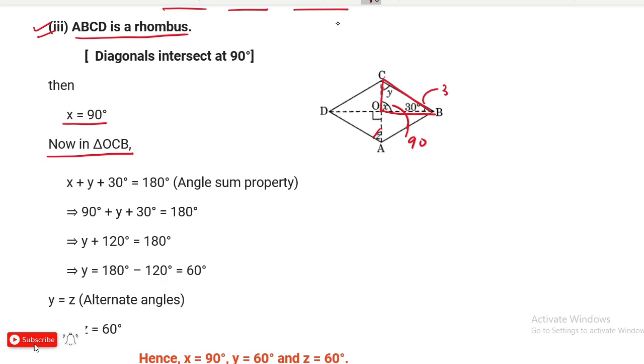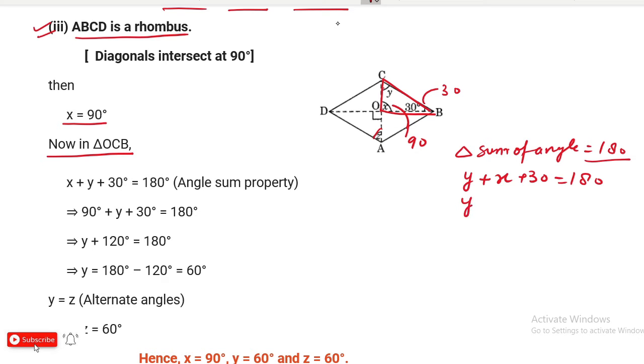This one is 30. Now we can easily find out the value of y. Why? Because in a triangle the sum of all angles is equal to 180. So we can write here y plus x plus 30 is equal to 180.